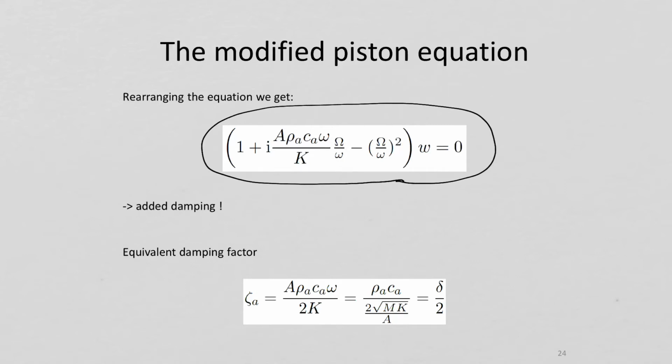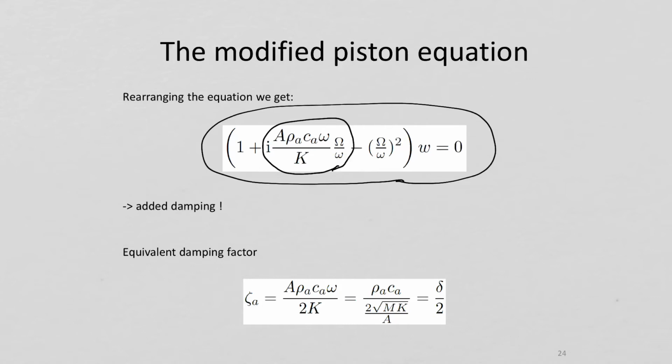If we look a little at this equation, we can see that it resembles very much the single degree of freedom mechanical oscillator when we have damping present. The second term here, with the imaginary number, is really what we also see when we add a simple linear viscous damper to a mass spring model.